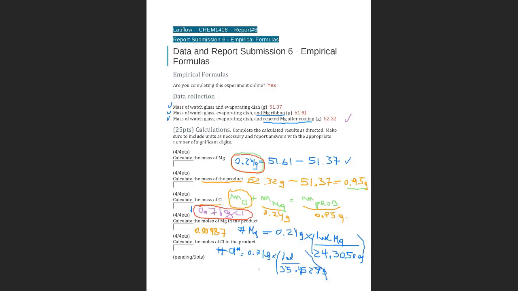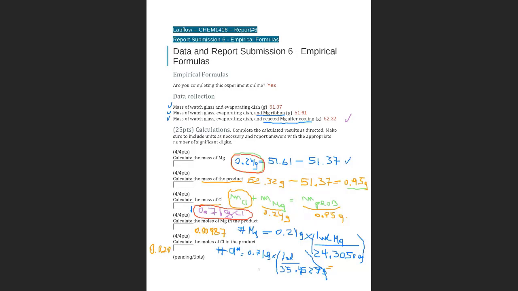So what do you obtain? How many moles? What number did you get? Okay, 0.02. Very good.